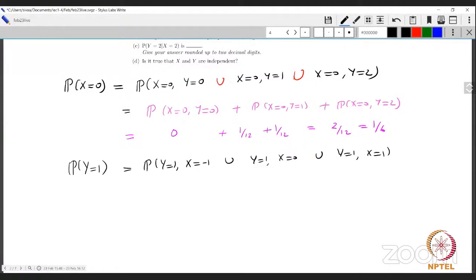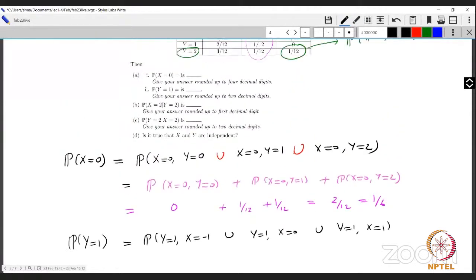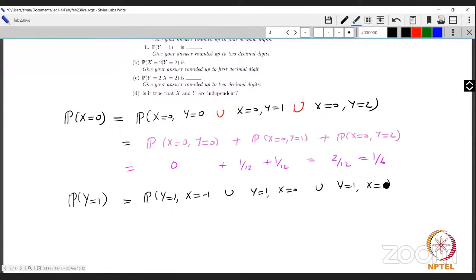That's what the table tells you. That means when y is 1, x can take these three values. Again, like before, these are all mutually exclusive, disjoint from each other. So you just add them up.